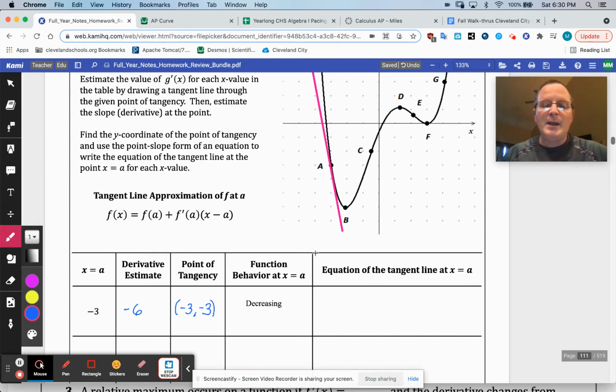I'm not going to do it this way. You can if you want to. You can switch it around if you want. But as far as I'm concerned, it's going to be y plus 3 equals -6 times x plus 3. And then we can move right along.